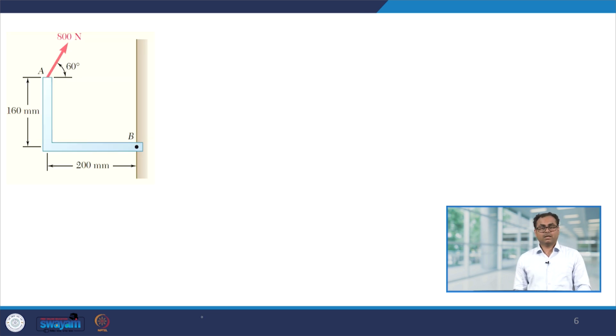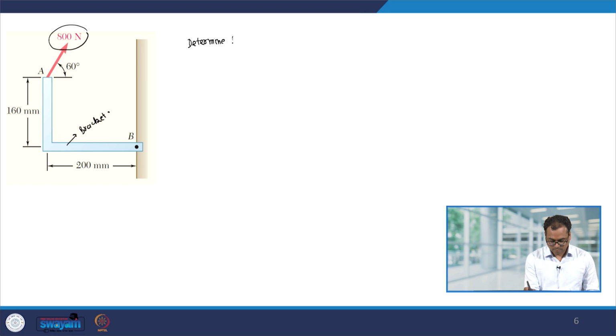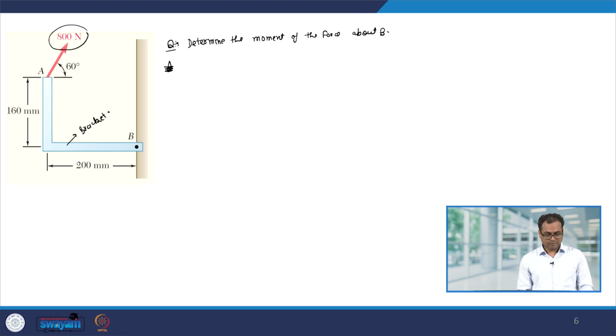So, now let us look at the concept of moment by an example. Let us say a force of 800 Newton is acting on a bracket. So, this is a bracket, and let us say we were asked to determine the moment of the force about point B. This question we can solve in different ways.